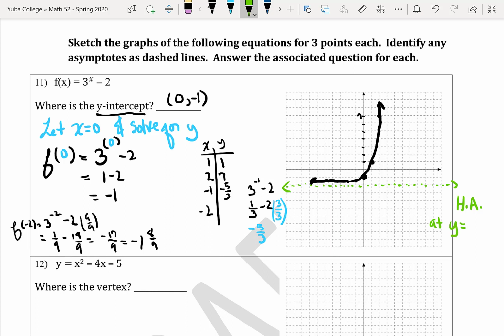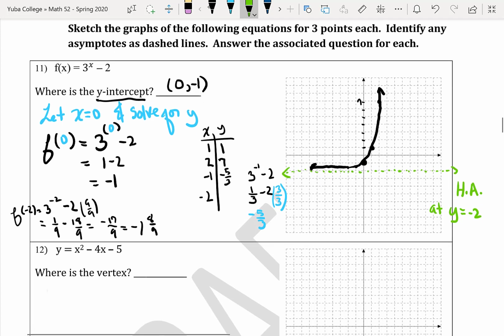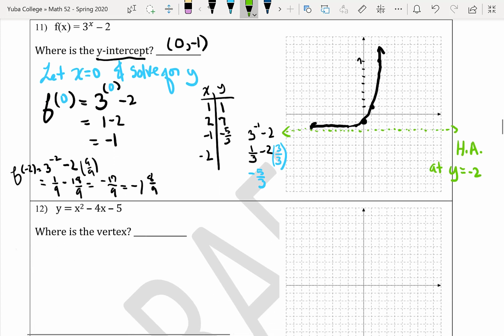Okay, so number 12, y equals x squared minus 4x minus 5. Looking at this equation, it's asking me to graph it, and where's the vertex? I can either complete the square and put this in vertex form of a parabola, or I can use the vertex formula.